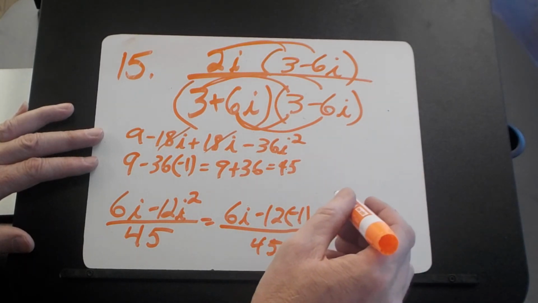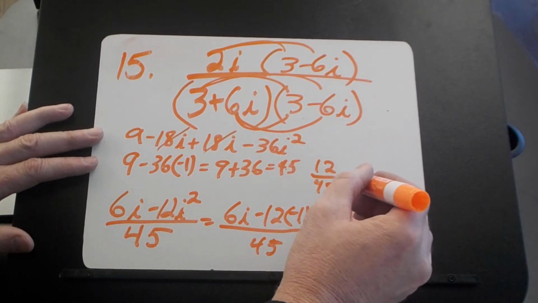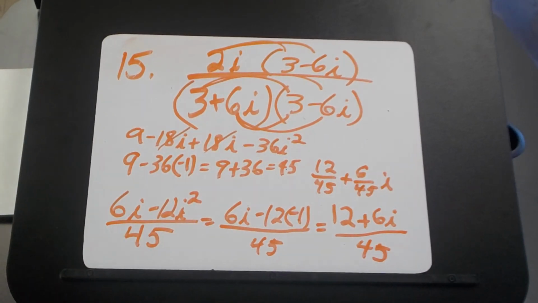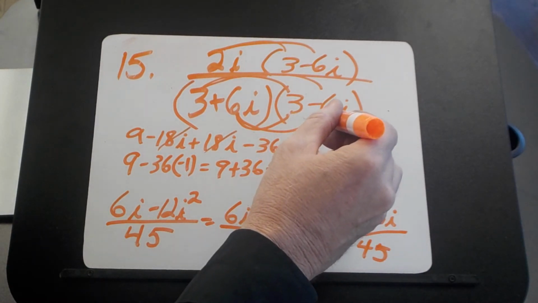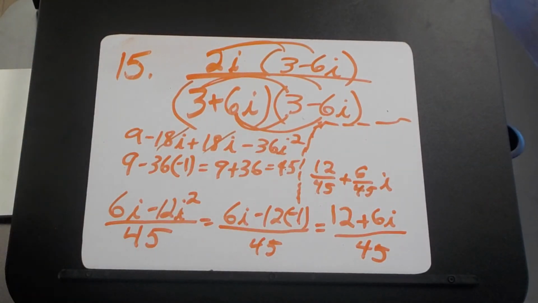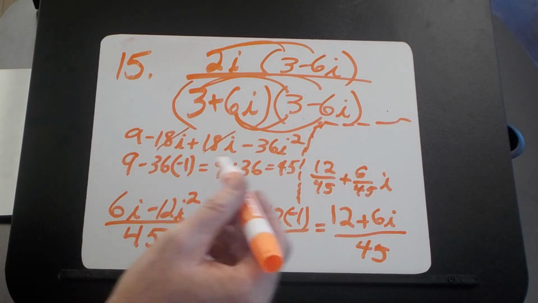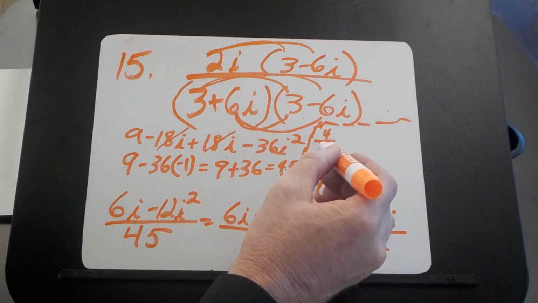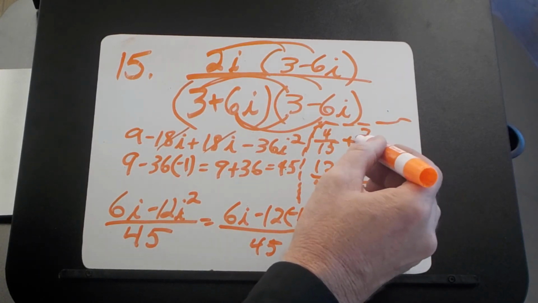Now let me work my way up here. That's 12/45 plus 6/45i. Just so happens, I'll section this off a little bit, that we have a greatest common factor in 12 and 45 of 3. 12 divided by 3 is 4. 45 divided by 3 is 15. 6 divided by 3 is 2.